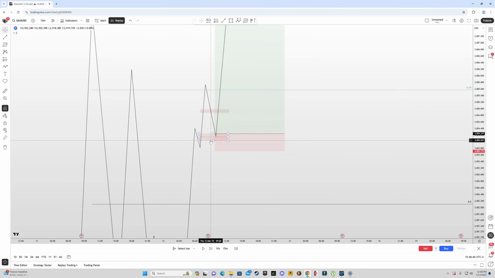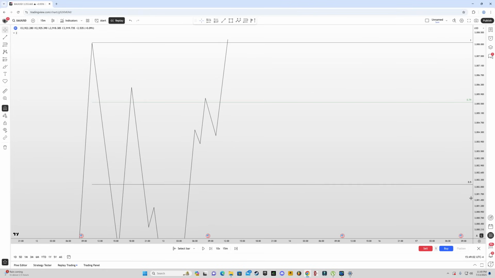Now, let's say that in a rare case, there is no fair value gap in this range, from this dealing range low to dealing range high. There's just no fair value gap, there's just nothing, just a dealing range. In that case, what you have to do, first of all, is mark out any fair value gap.